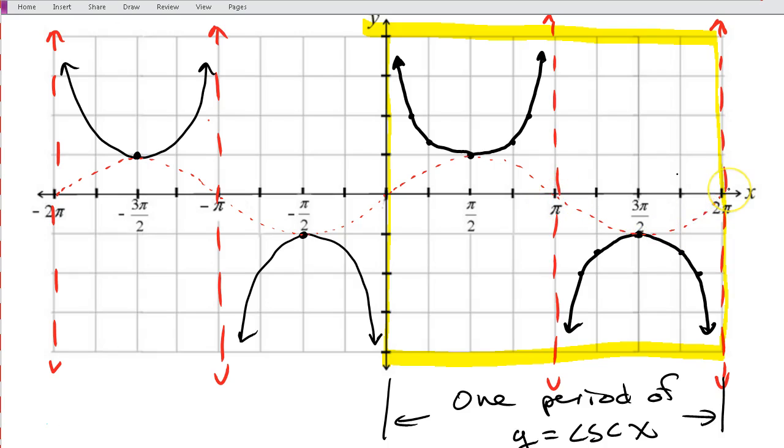We're just using it to help us. So you can see I have these U-shaped pieces of the sine curve, and then all I do to get the cosecant is flip it and have it approach the asymptotes. So here's my red sine curve that runs through there, and here are my 4 half periods for my cosecant.